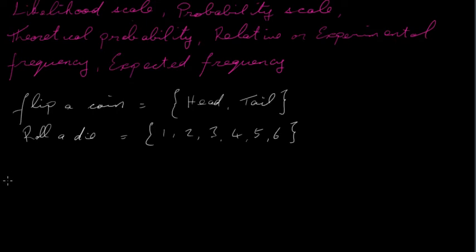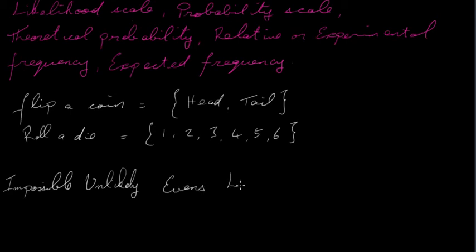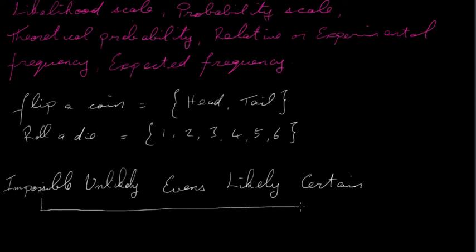So we go from impossible to unlikely to evens to likely and then to certain. So we've got everything covered here. We're going from impossible right up to certain and everything in between.